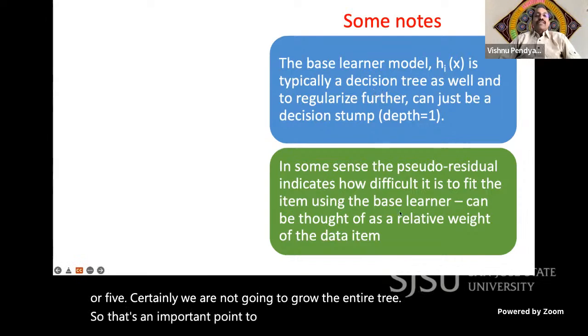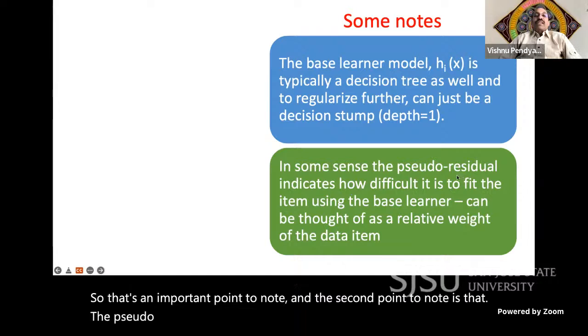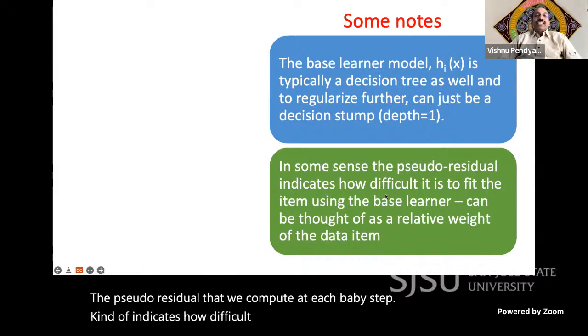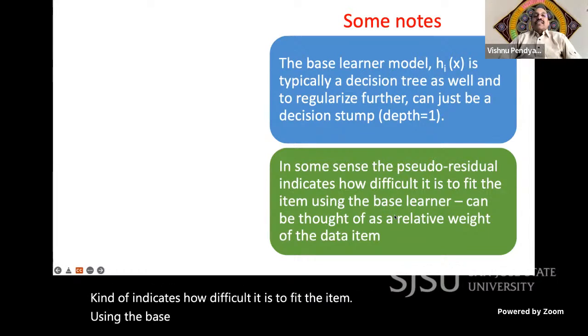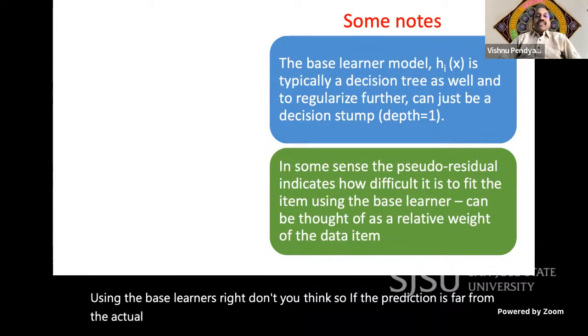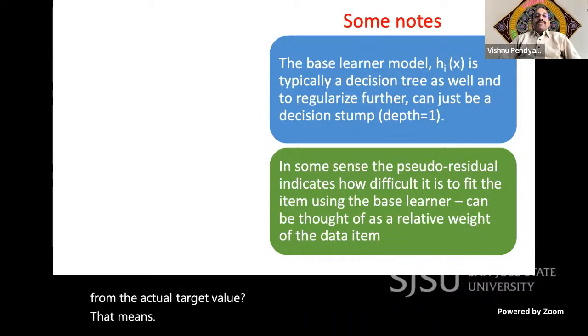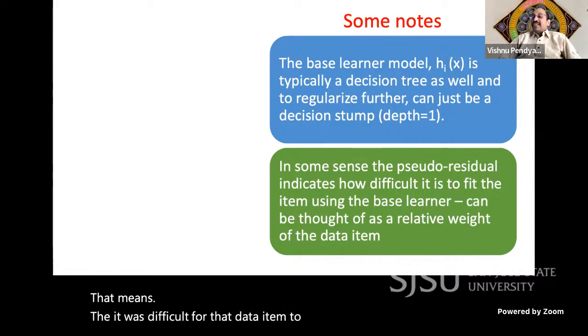And the second point to note is that the pseudo residual that we compute at each baby step indicates how difficult it is to fit the item using the base learners, right? If the prediction is far from the actual target value, that means it was difficult for that data item to be predicted correctly.